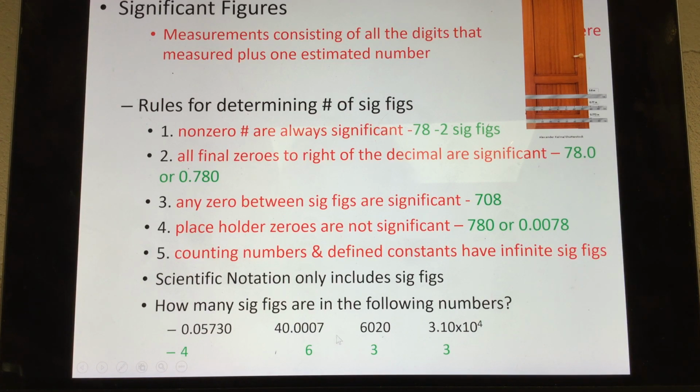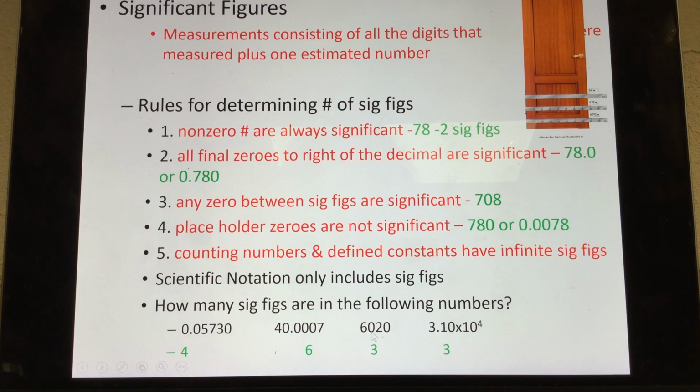The 40.0007, all of those zeros are significant because they're crammed in between a 4 and a 7. So however many zeros there are, if they're in between two sig figs, they're always significant. So that's why that number has 6. Now here's 6,020.